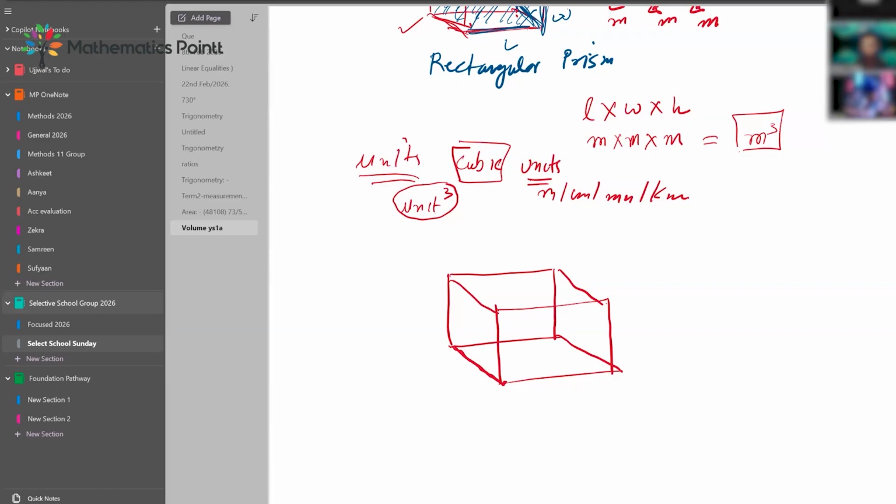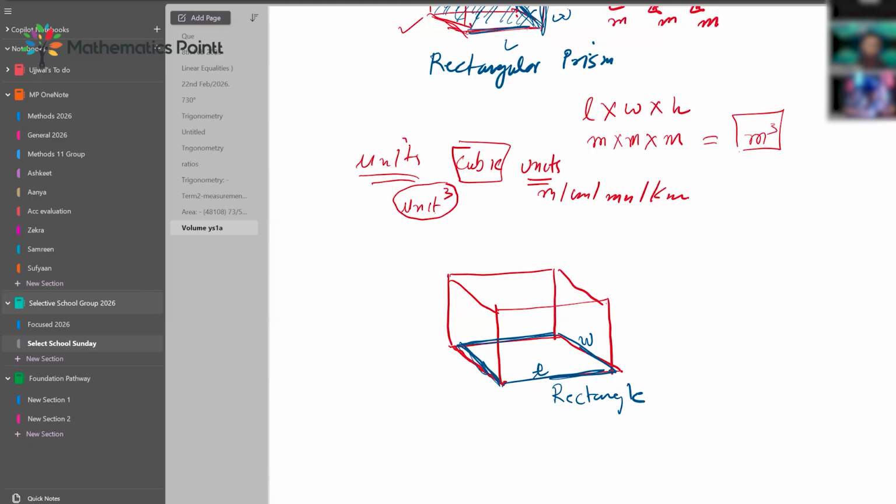If I look at the base, the base is a rectangle, a 2D figure with length as L and width as W.